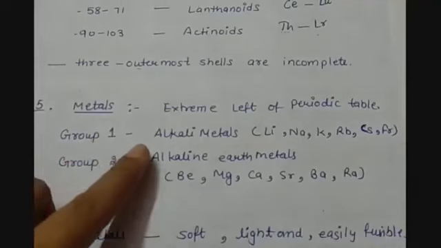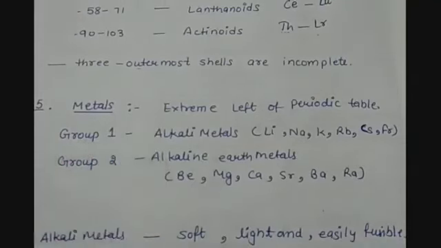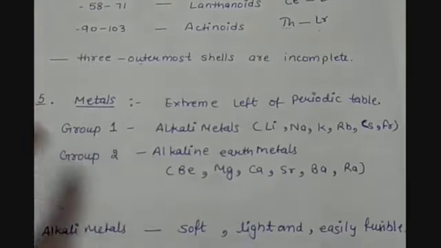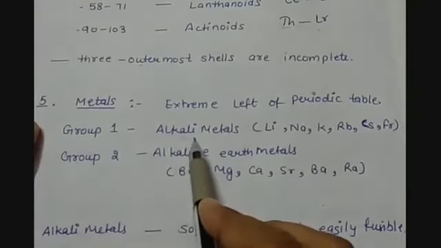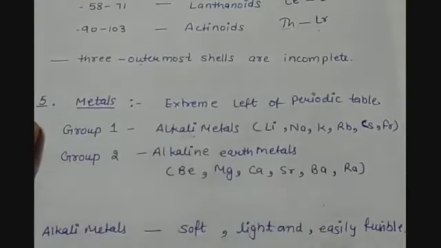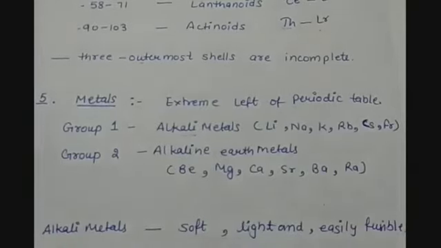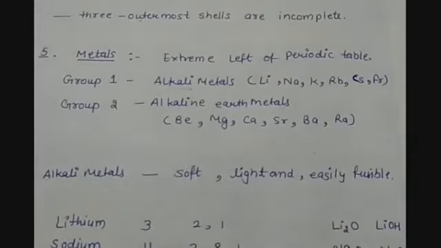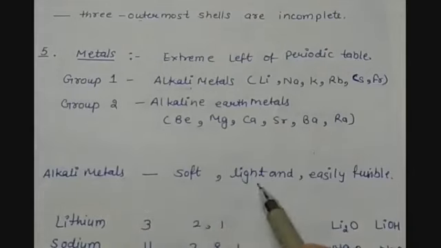Group 1 metals are called alkali metals. Why are they called alkali metals? Because the hydroxides of these metals are very reactive. Or you can say the hydroxides of these metals are alkalis. So these metals are called alkali metals. Important features of alkali metals are that as they are very reactive, they are soft, light and easily fusible.